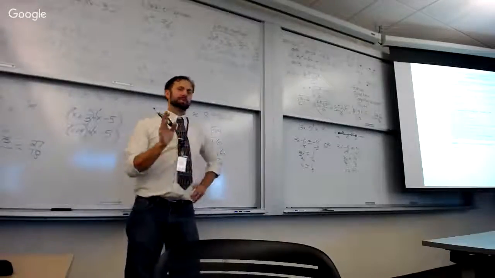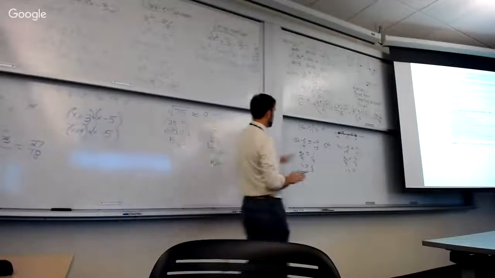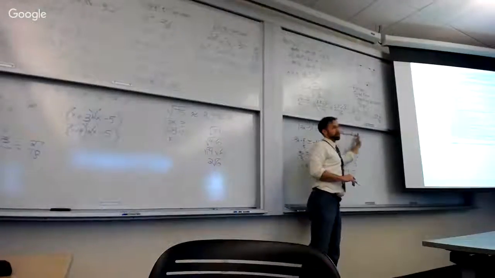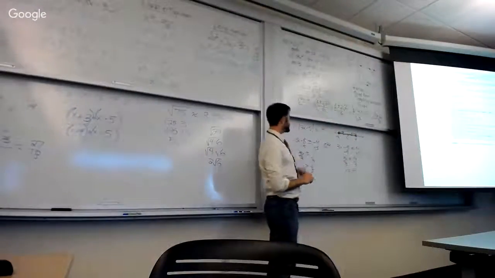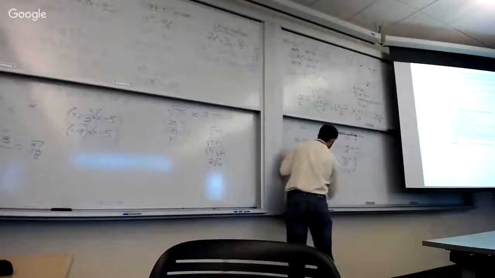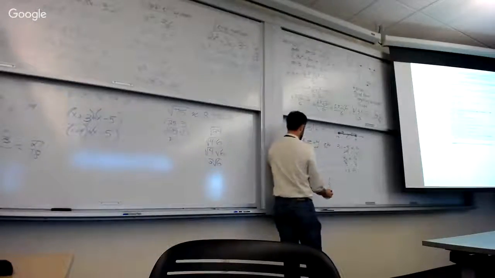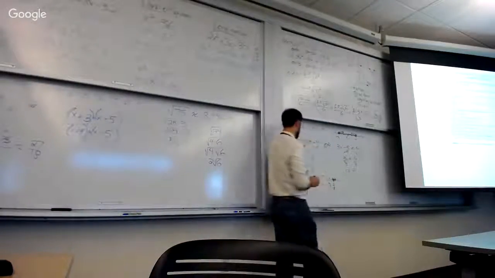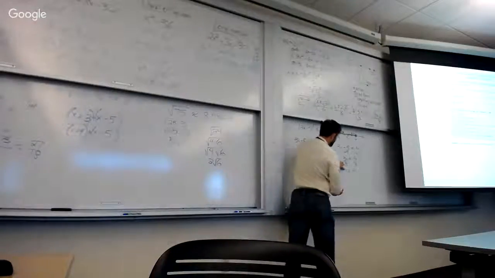So watch what we're about to say. We're saying that if I want 3x minus 5 to be somewhere between 4 and -4, then that means I need x to be bigger than or equal to 1/3. I'm going to start shading that way. But I also need x to be less than or equal to 3.